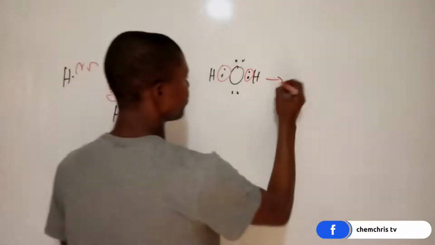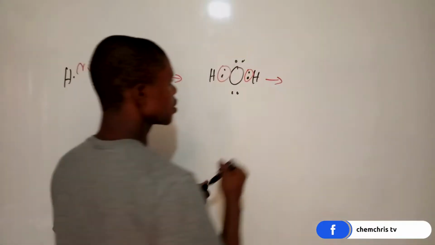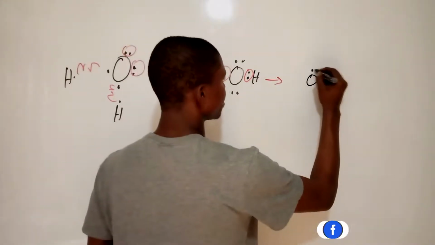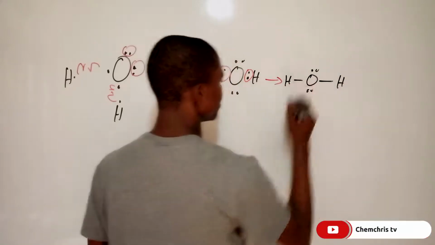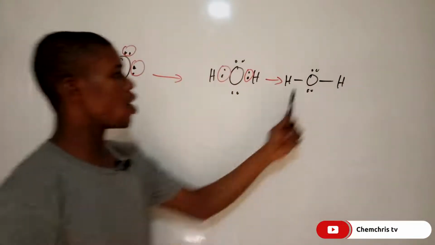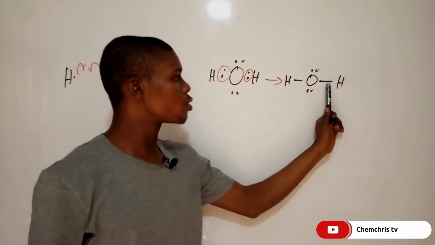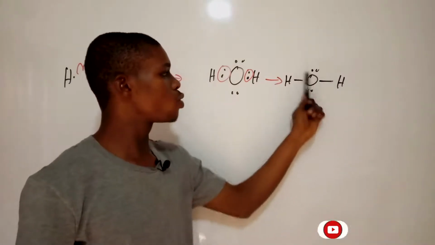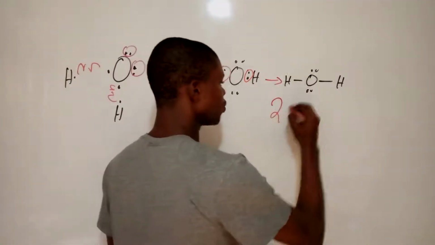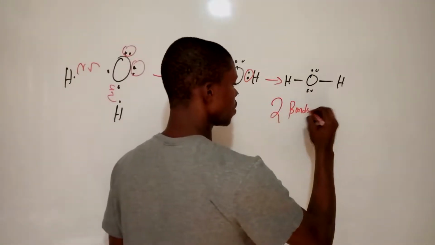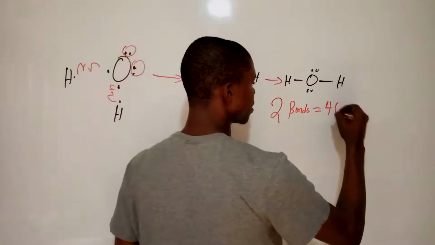So this one will now form a bond. So we are now going to have oxygen. Here we have this guy, this guy, this guy, this guy. Then hydrogen and hydrogen, right? So that oxygen has 2 bonds and 2 lone pairs. Remember? So it means that here we have 2 bonds, which is 4 electrons.